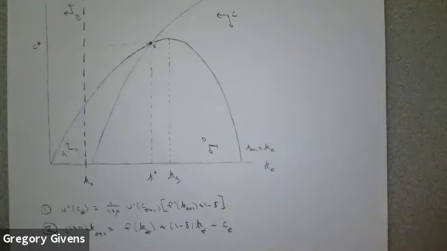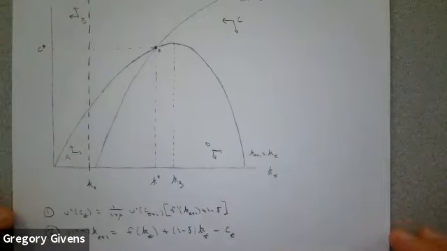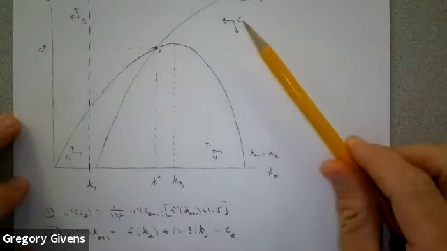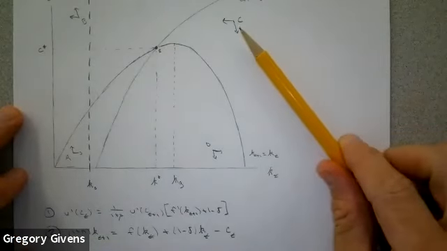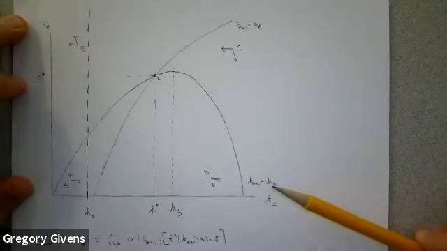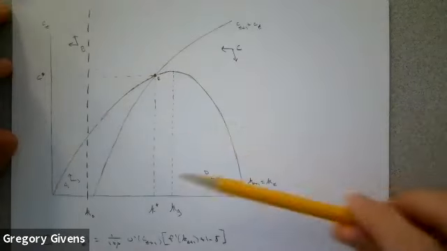Now, to close the class this past Monday, we also examined how the paths of consumption and the capital stock must look in each of these four regions.